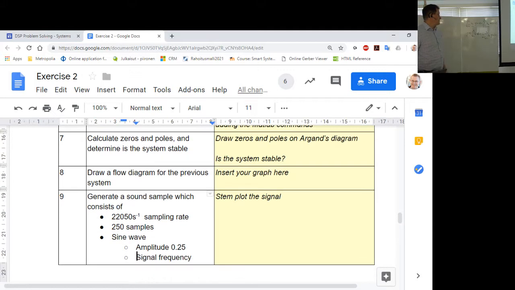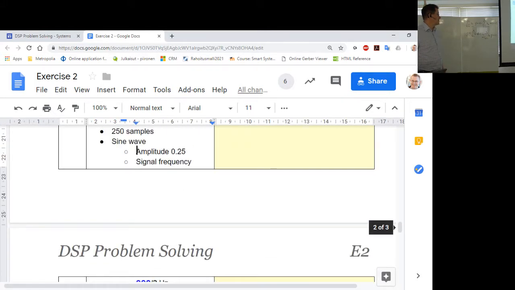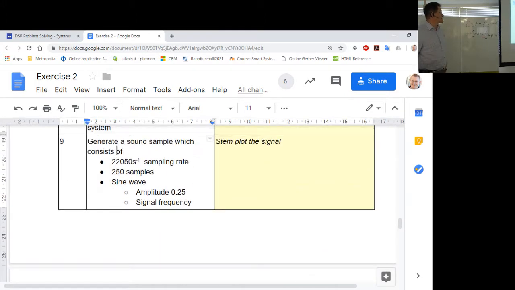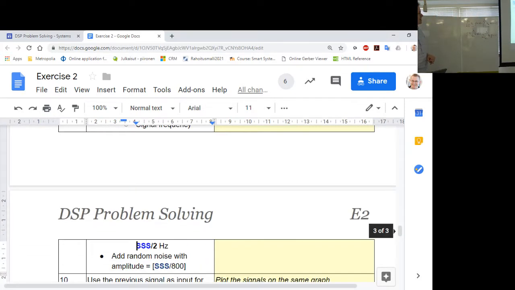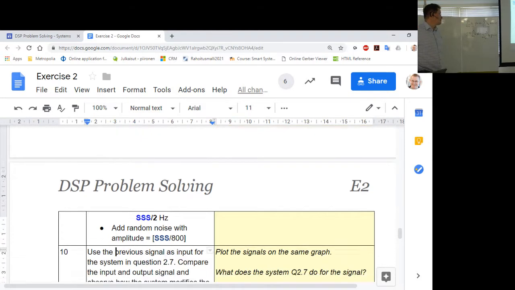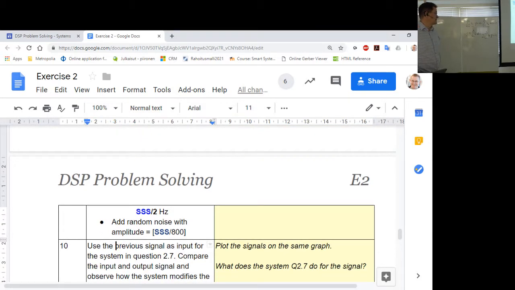All right, then we have a sound sample quite similar to the first exercise, except now, since you already know how to define the signal to noise ratio, actually the amplitude of that noise should be given or marked as that one.